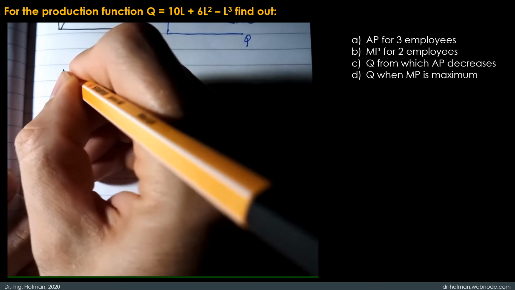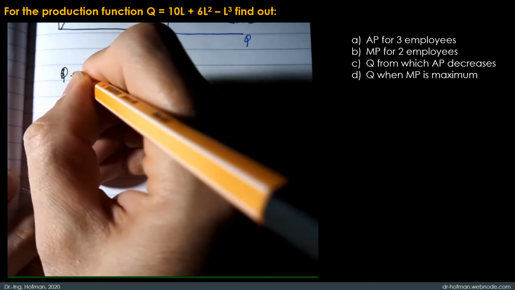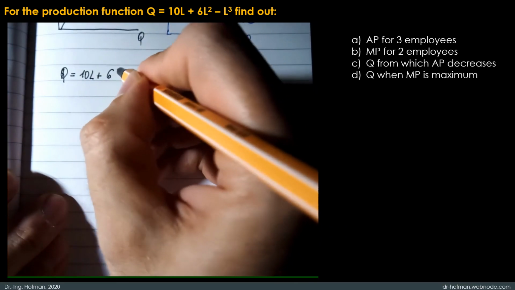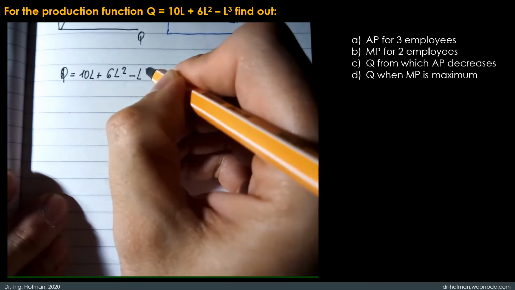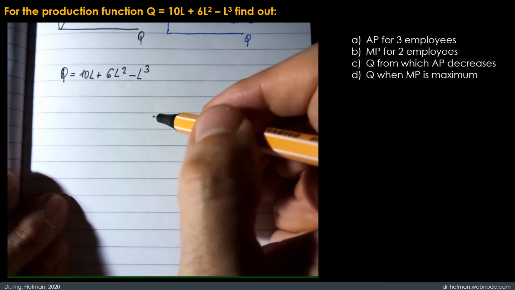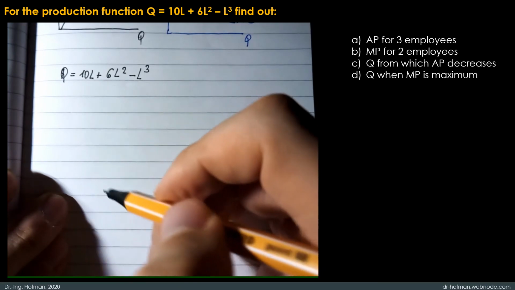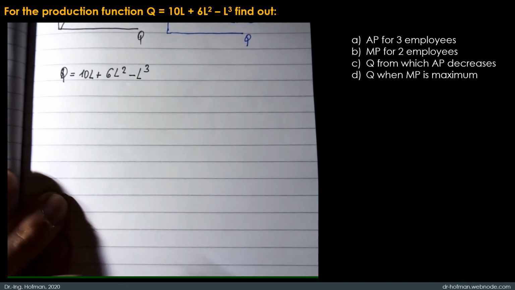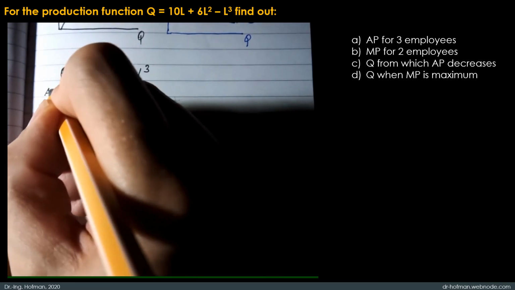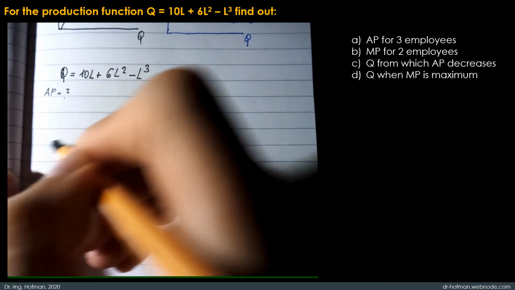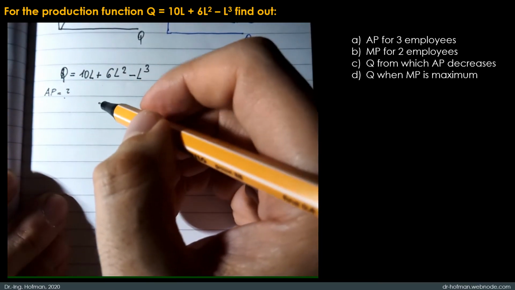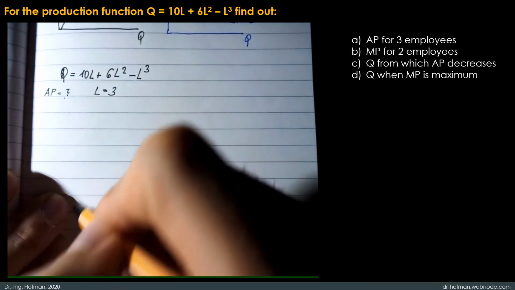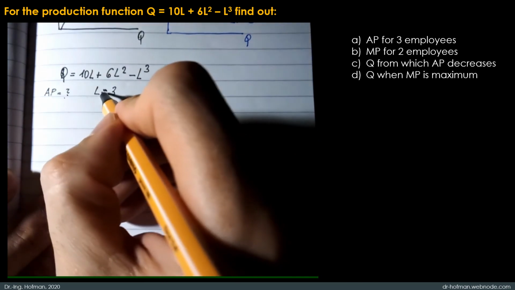Let's do the first calculation for the production function Q equals 10L plus 6L squared minus L cubed, where L is the number of employees in the company and Q is the number of products. What is the average product for the case where we have 3 employees? That is the first question.